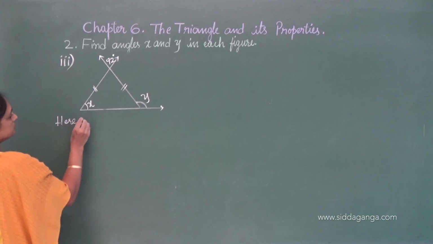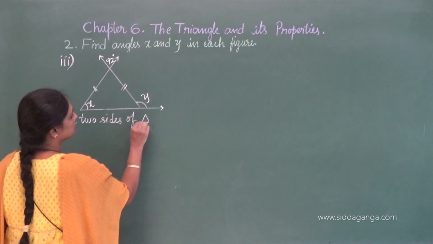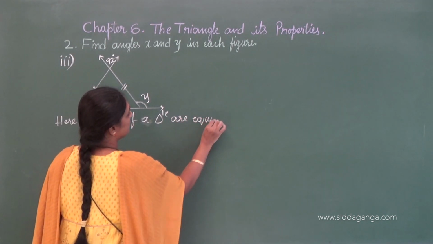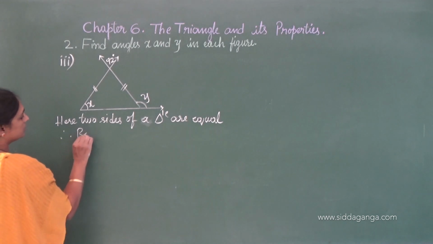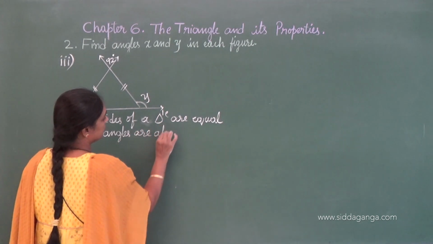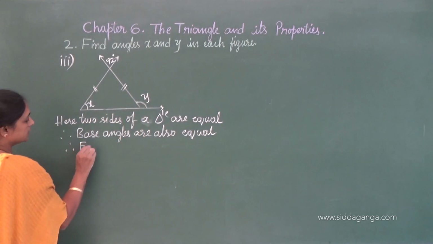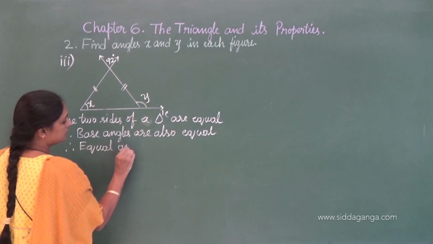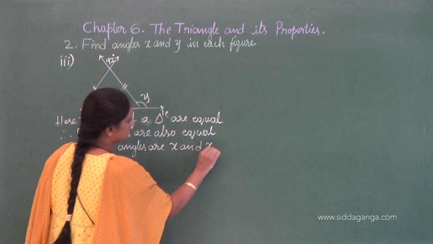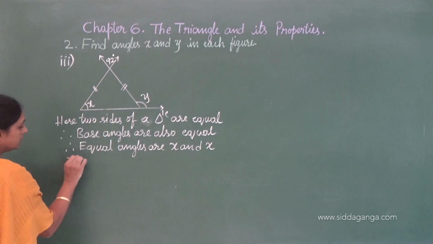Here two sides of a triangle are equal, therefore base angles are also equal, therefore equal angles are x and x.